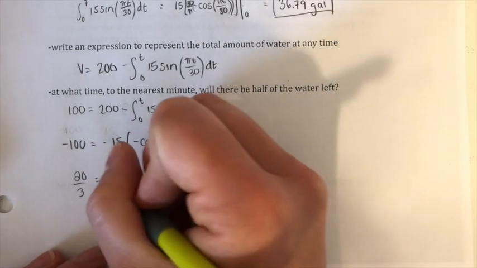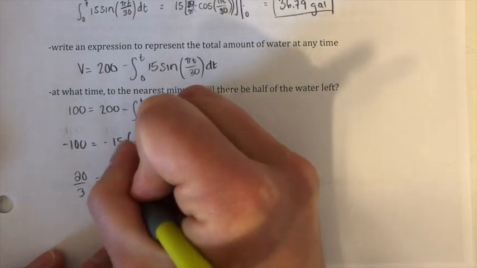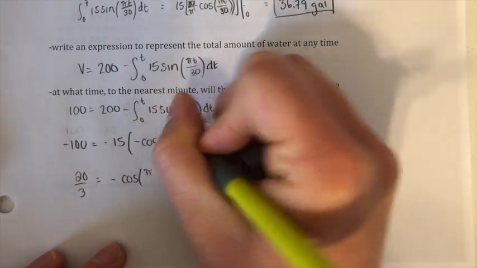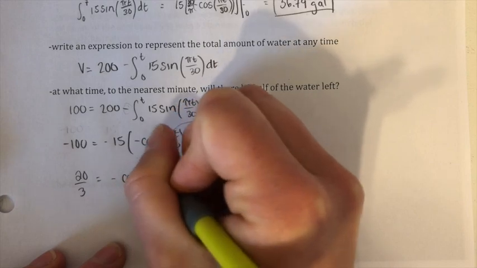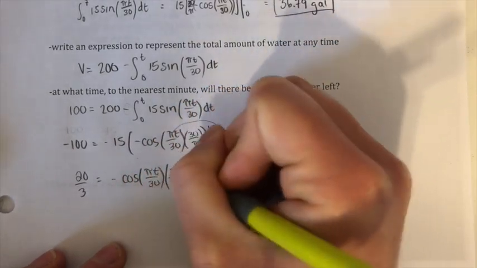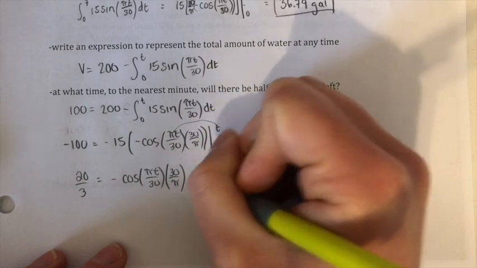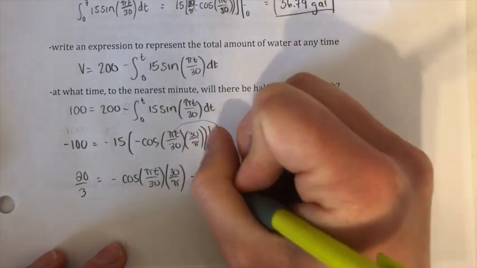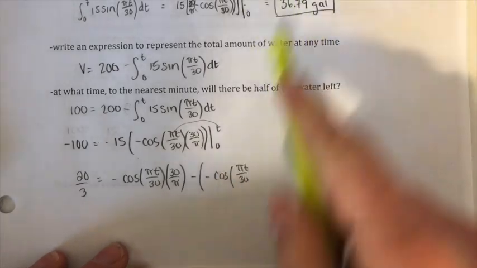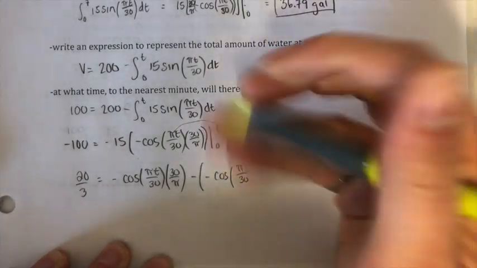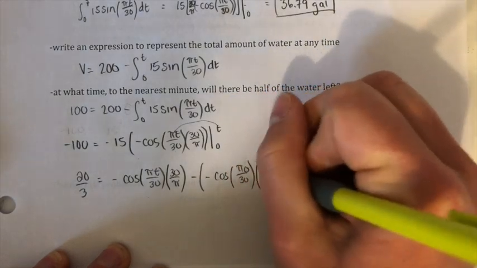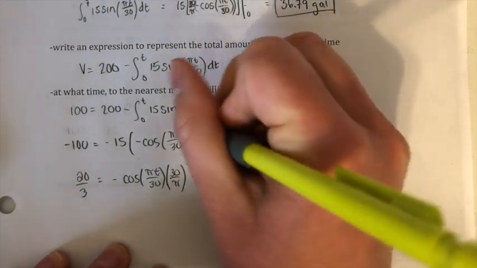And then we have negative cos of pi t over 30 times 30 over pi, minus negative, so this is going to turn into a plus, cos of pi times 0 over 30 times 30 over pi. So this time we're plugging the 0 in for the t.